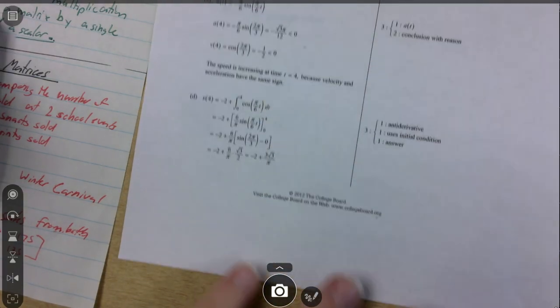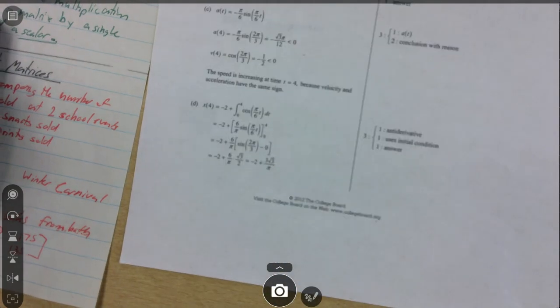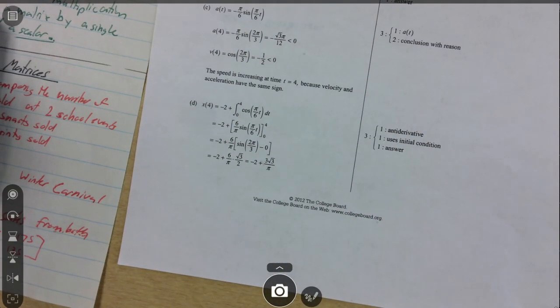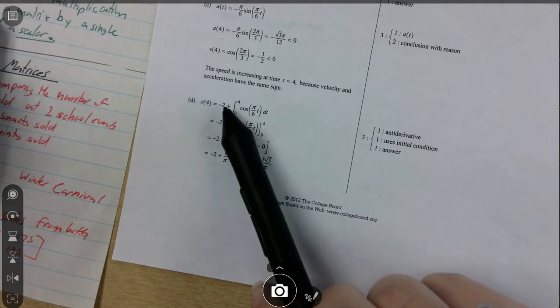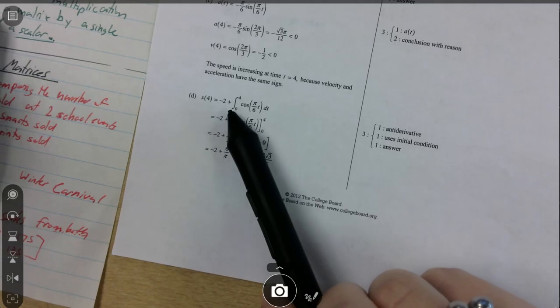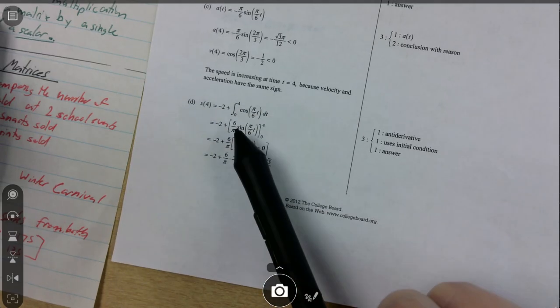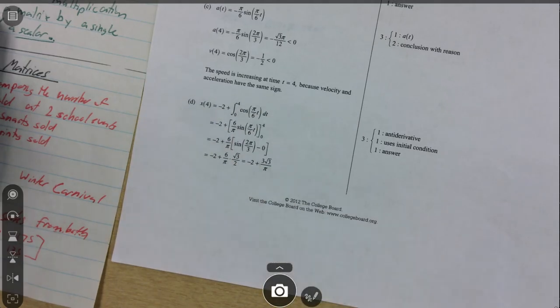Okay, scooching down to D. Find the position of the particle at time t equals 4. So plugging it into our initial position. So our starting position. So we have velocity, we need to go back to starting. So -2 is out front, plus from 0 to 4, integral of cosine of pi 6t dt.